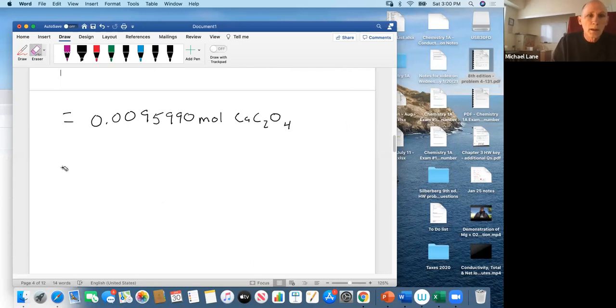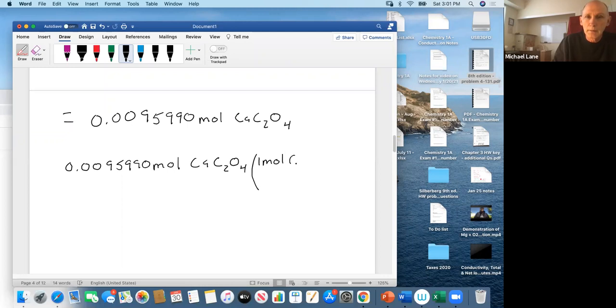So if I have 0.0095990 moles of calcium oxalate, this seems like a trivial conversion, but that's okay.